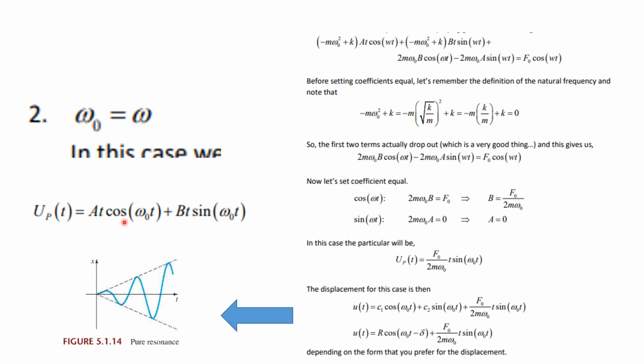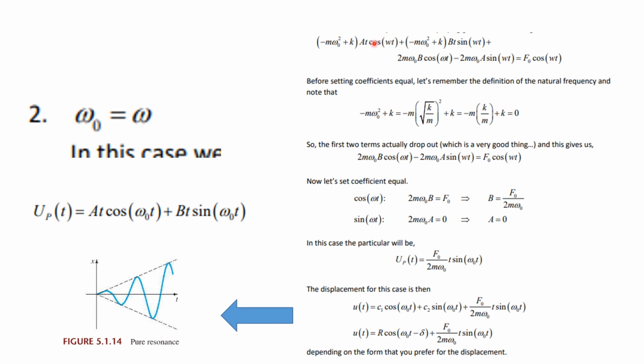So it's a t cosine omega 0 t plus b t sine omega 0 t. When we substitute that into the equation and set it equal to the right-hand side, we have a complicated looking expression. You should verify that this happens.